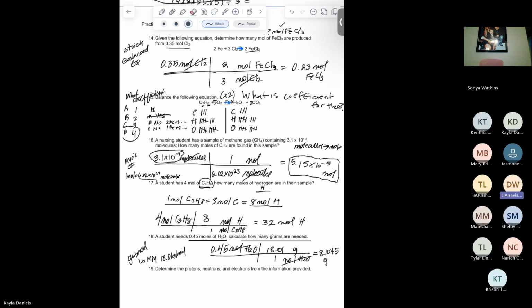Yes. Why are we multiplying for one and then adding for another? Great question. I think I just probably worded it funny. Whenever we have a big number out front and then a subscript, you're multiplying those together.